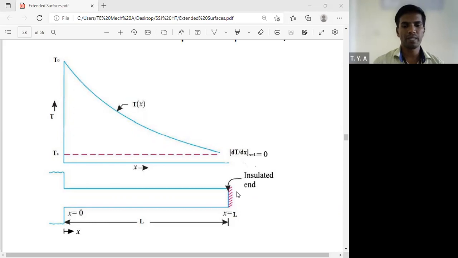Okay, so all of you complete this diagram. We have to consider the length of the fin as a capital L. Okay, base temperature is T0. Along the x direction, the heat transfer takes place. Okay, so from this, what is the temperature at the end? So at the end, we are using the insulation. So therefore, at the end, the change in temperature with respect to thickness, that value becomes 0.